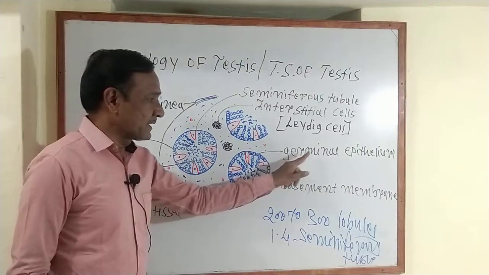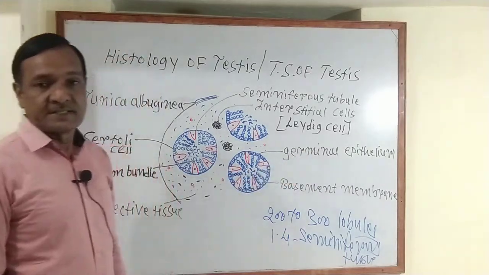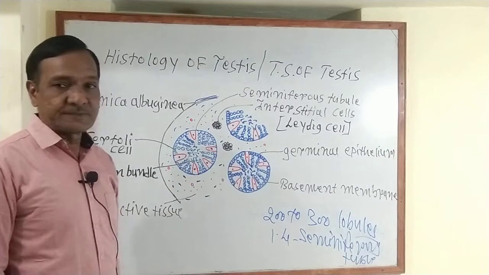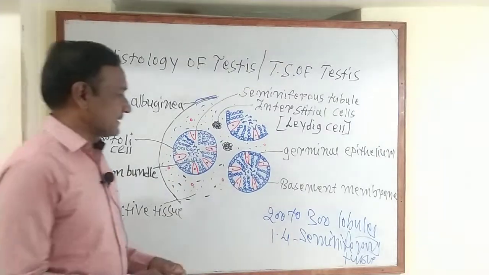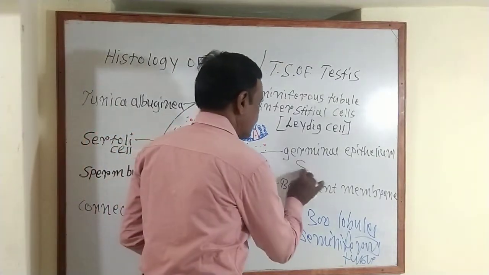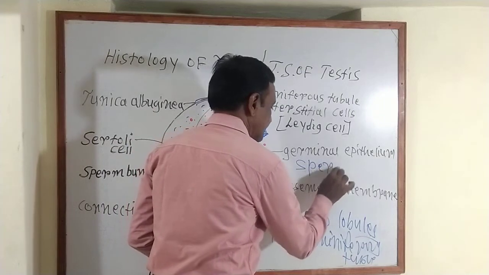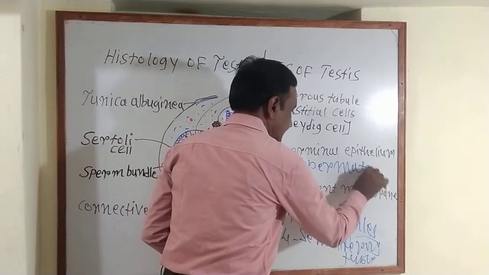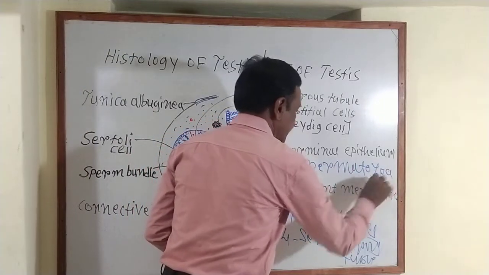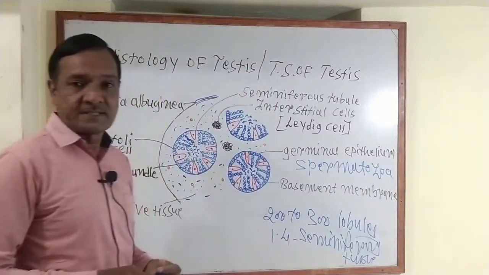Now, germinal epithelial cells undergo gametogenesis to form the spermatozoa or sperms. What are the functions of these germinal epithelial cells?